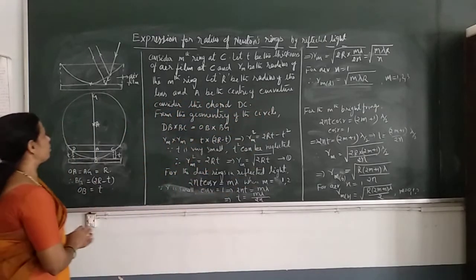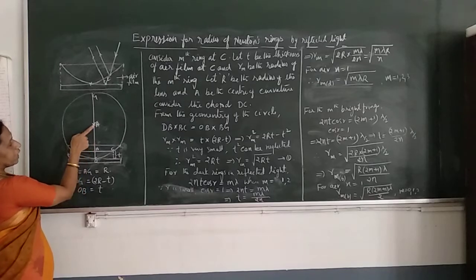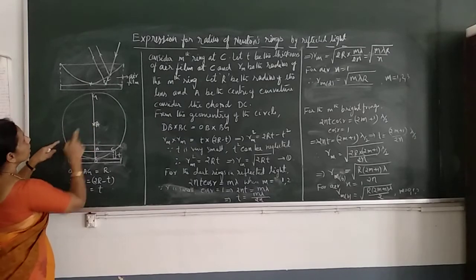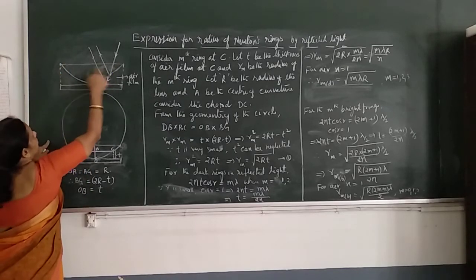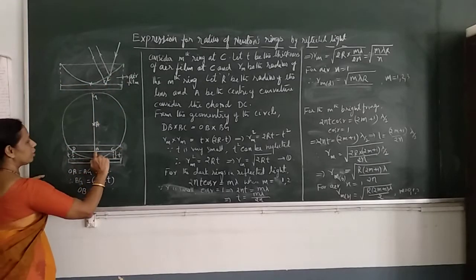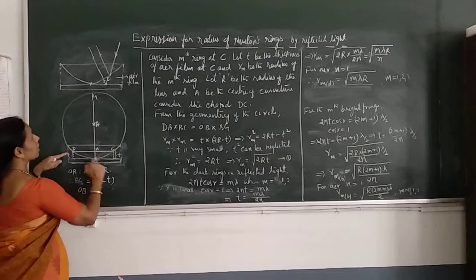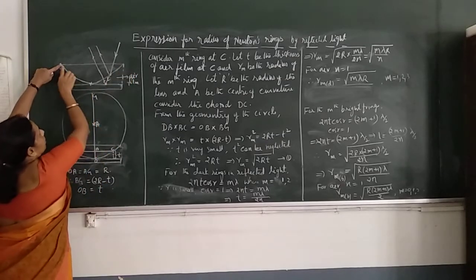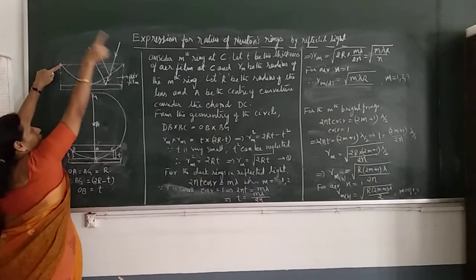This part of the lens forms part of a circle, and if you complete this arc, this makes the arc of a circle.